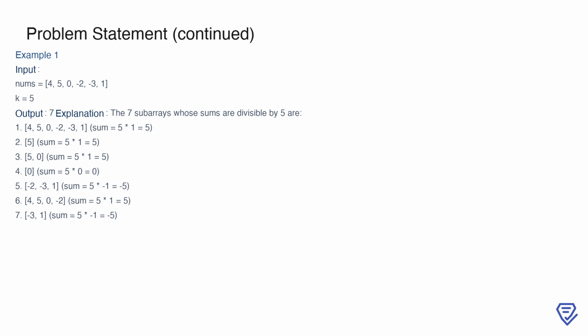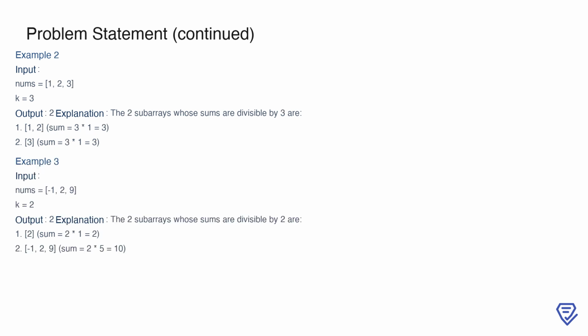Similarly, 5, 0, and 0 are valid subarrays with sums of 5 and 0, respectively. Moving on, the subarray -2, -3, 1 has a sum of -5, which is also divisible by 5. Finally, 4, 5, 0, -2, -3 and -3, 1 have sums of 5 and -5, respectively. Each of these sums is divisible by 5, and this gives us the total of 7 subarrays.